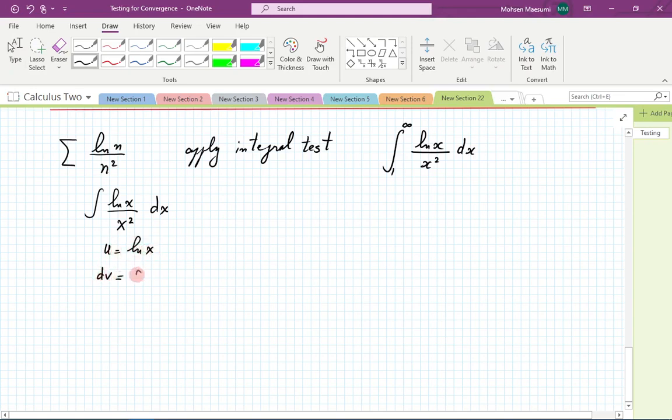integration by parts problems. So I take u to be logarithm of x, everything else that's left is dv, and so my du is 1 over x dx, and my v, of course, the antiderivative of this thing, is minus 1 over x.